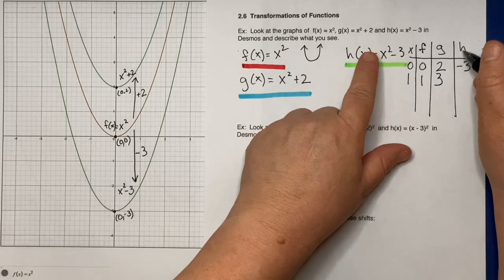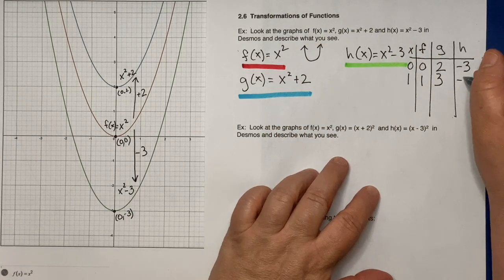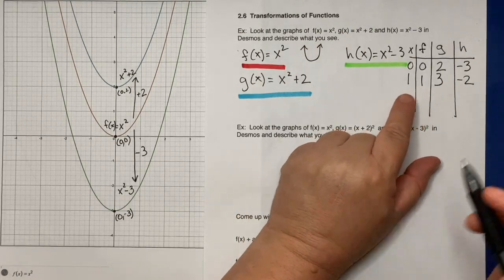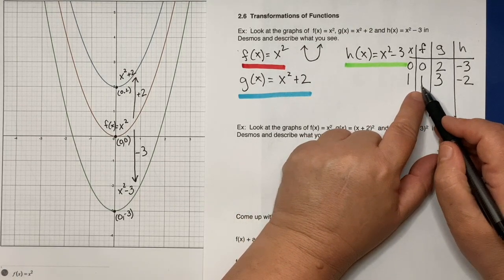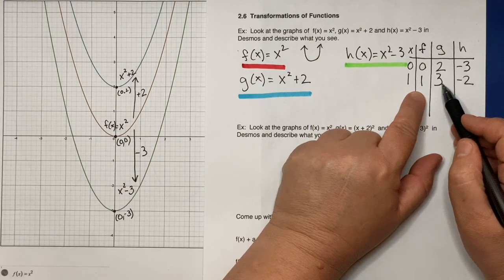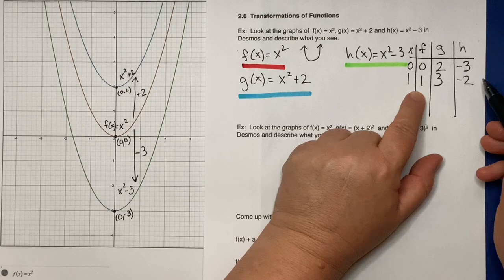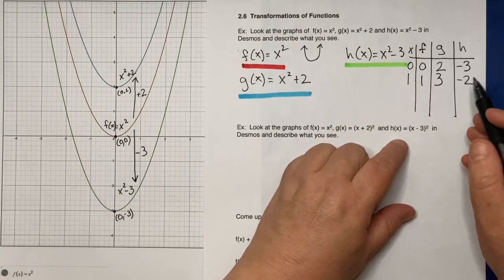And h would be 1 squared minus 3, which is negative 2. And we could compare, and we could say, it looks to me like to get from f to g, you're just adding 2. And to get from f to h, you're subtracting 3. And you could see that.